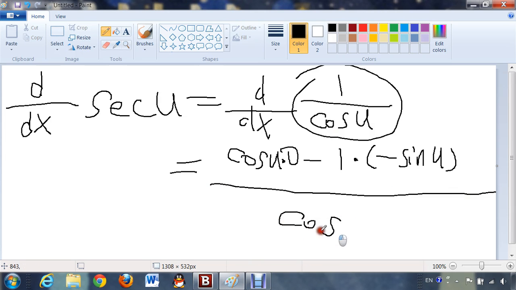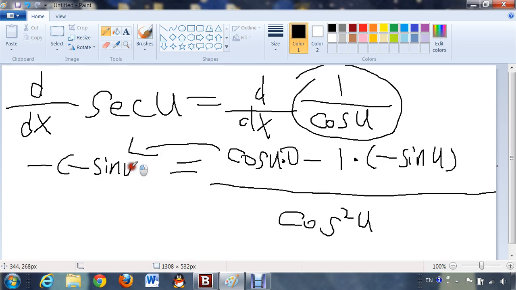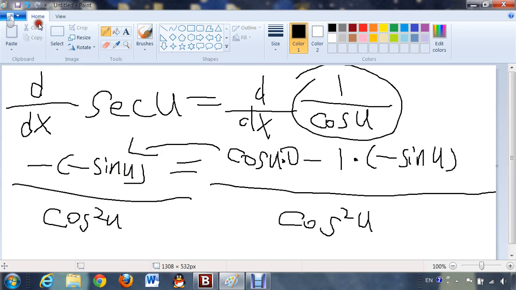And then at the bottom, it will be cosine square of something. So what you have here is minus, but since there's a minus sine something, and you have cosine square something, right?